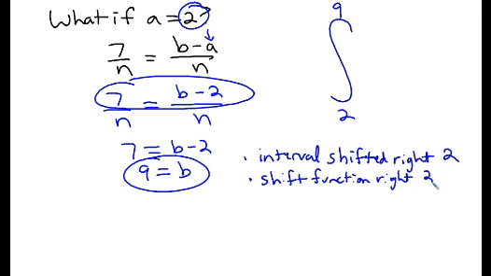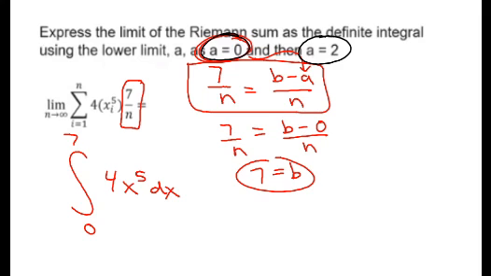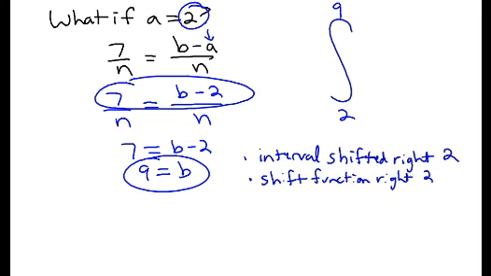So instead of just using regular old 4x to the 5th, we're going to use what we know about transformations, and we're going to make it 4 times (x minus 2) to the 5th dx. And that's what makes this problem a little bit more tricky.